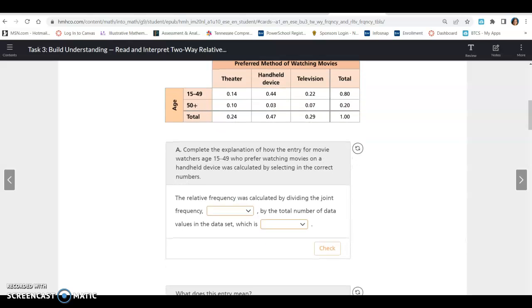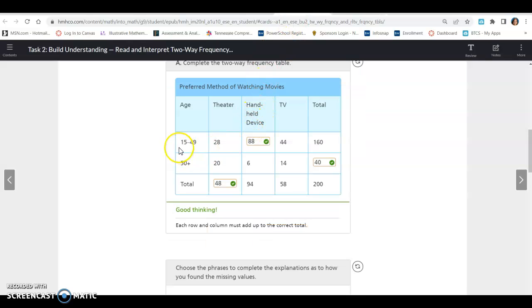All right, it says complete the explanation of how the entry for movie watchers ages 15 to 49 who preferred watching movies on a handheld device was calculated by selecting the correct numbers. The relative frequency was calculated by dividing the joint frequency. We're looking for handheld devices, ages 15 to 49.